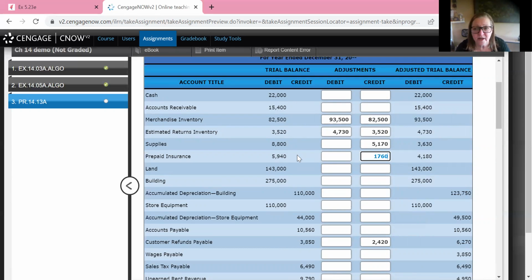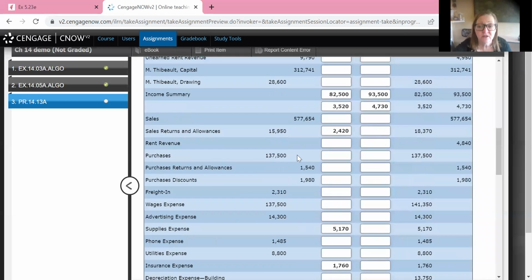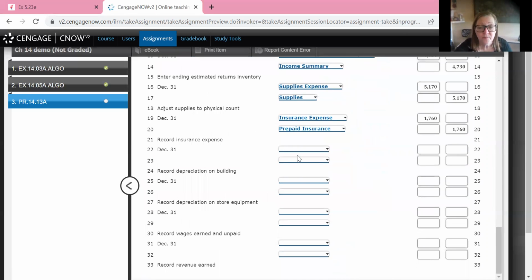So we need to credit prepaid $1,760 to get it down to the actual amount that's still not expired. And the part that had expired needs to be recorded as insurance expense. So that's why this entry is a debit to insurance expense and a credit to prepaid, because we had to shift some of the insurance cost out of the prepaid into the now insurance expense, because when it expires, it becomes an expense of that period.